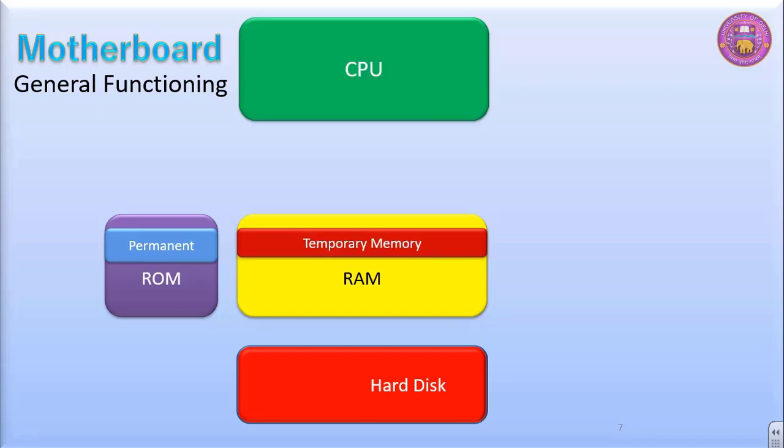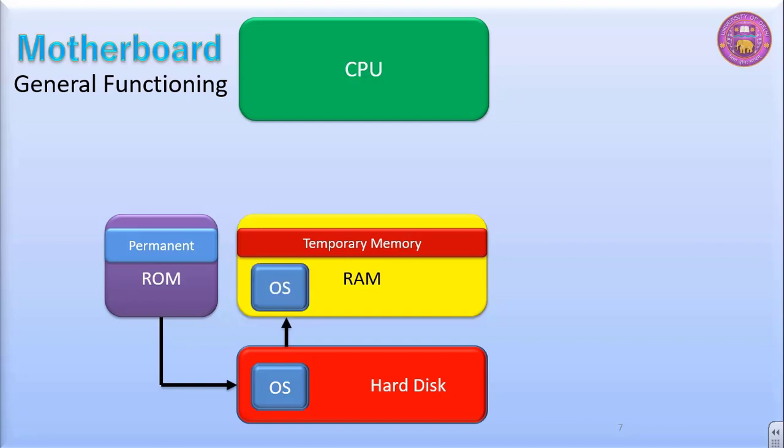Then we have CPU. Operating system is on the hard disk. The moment we switch on the computer, instructions from the ROM come out and look into the hard disk. Those instructions try to find out the operating system. Instructions copy the operating system from hard disk and take it to RAM.